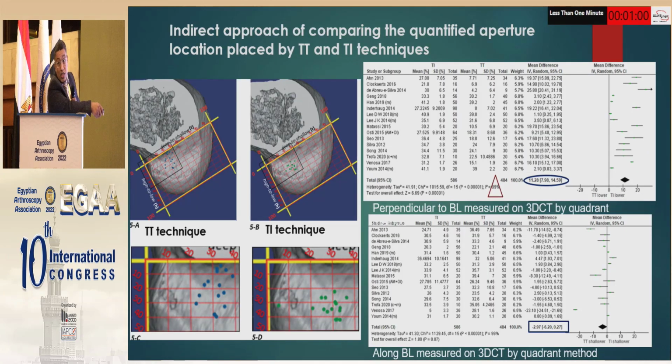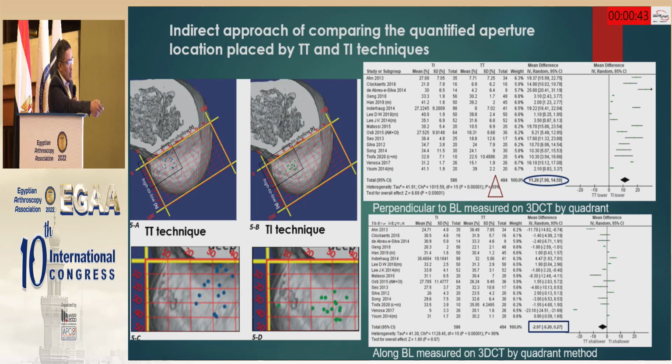Then we approached that indirectly, and we found that there were 16 studies that quantified the femoral aperture position by the quadrant method, which was measured on 3D CT.